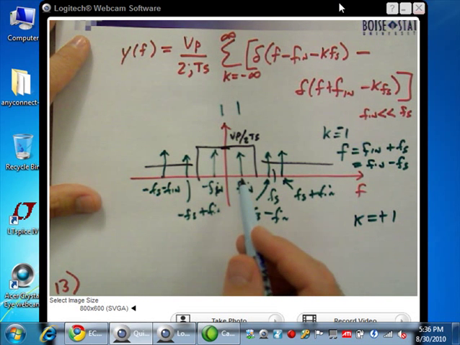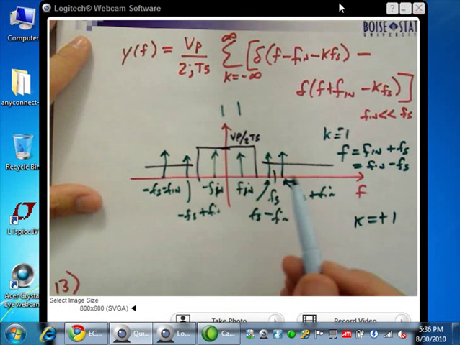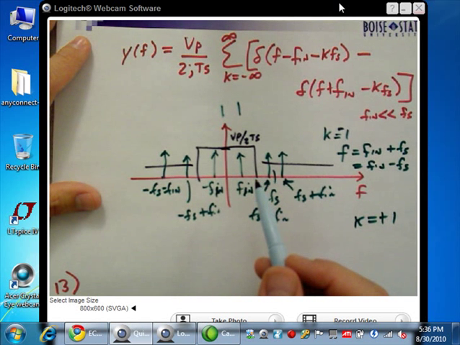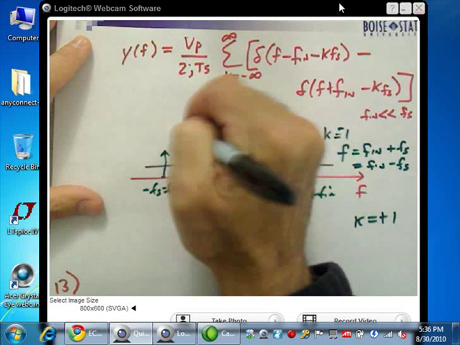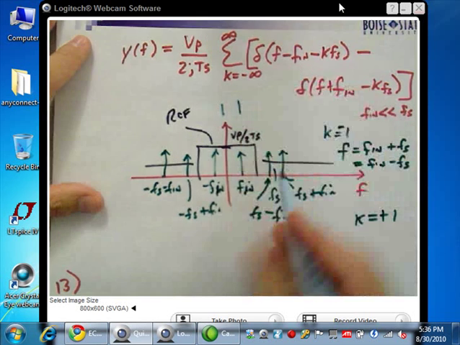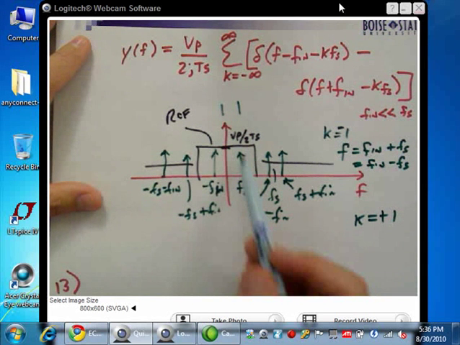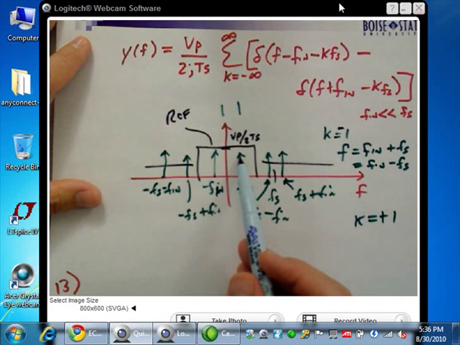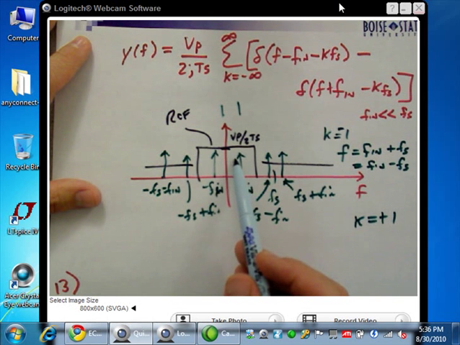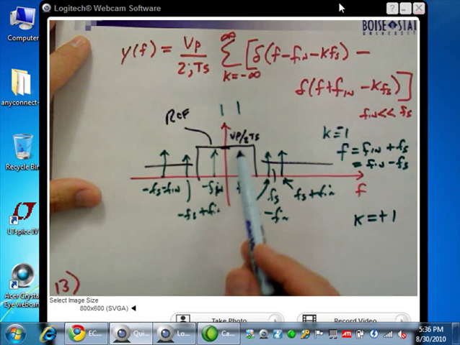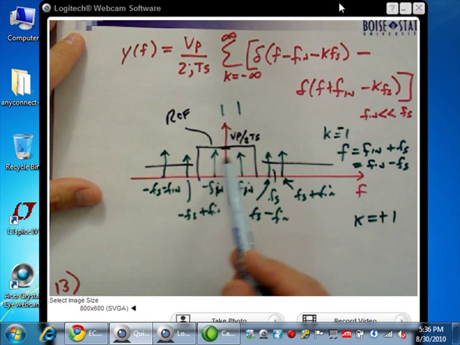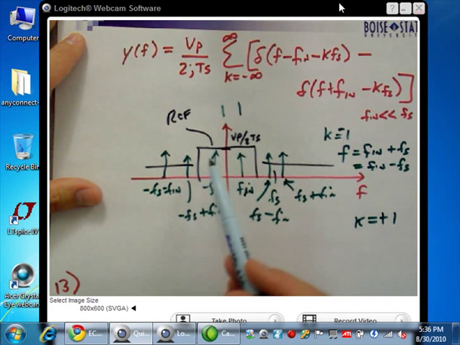Okay, so what's the magnitude of the filter have to be? This is my reconstruction filter. No, it can't be 1, because remember my original sine wave has an amplitude of VP over 2. If I look at it, VP over 2 is what the impulses' amplitudes are.